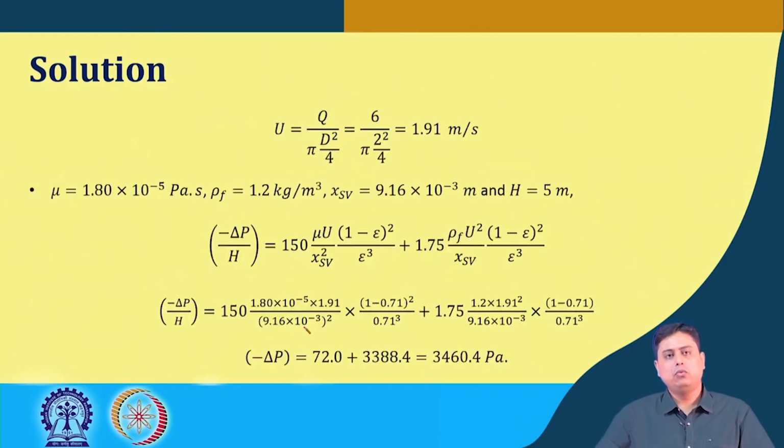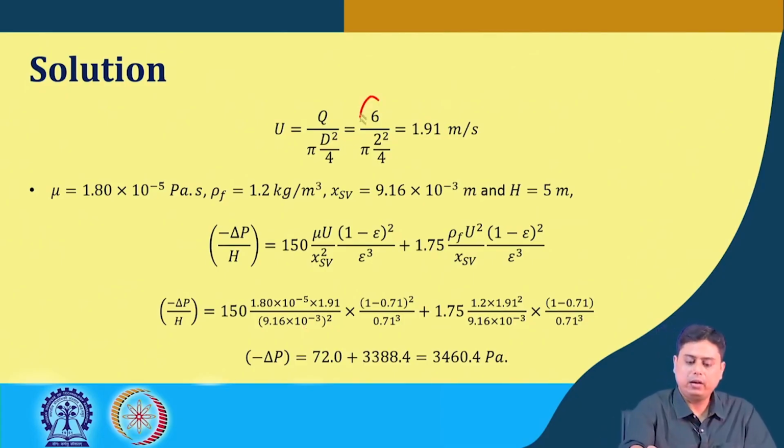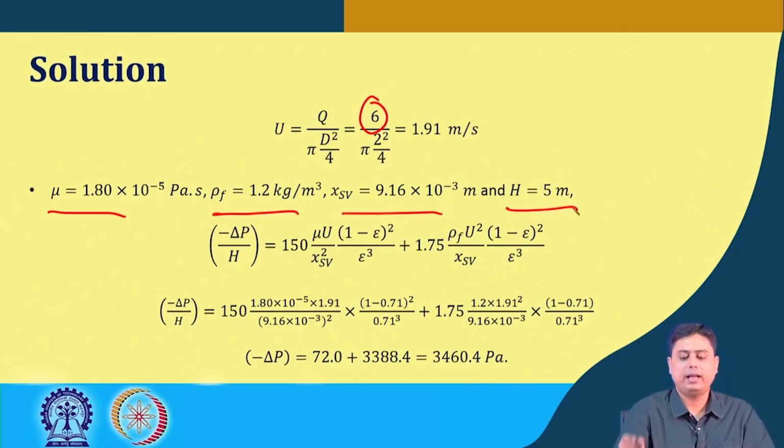and then we move to calculation of superficial velocity, which is 1.91. How we get that? We divide the volumetric flow rate with the cross sectional area, we get the superficial velocity, and now other informations are mentioned, that is mu, rho f, XSV we have calculated, and height is 5 meter.